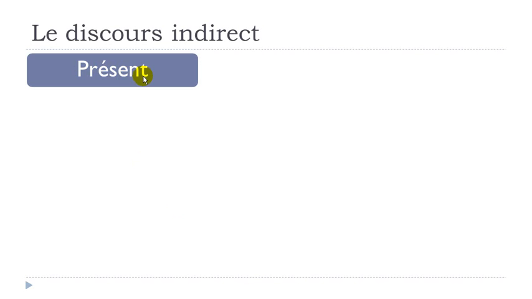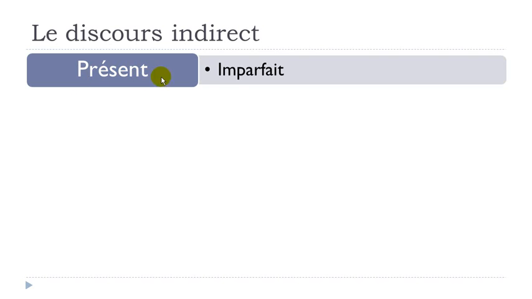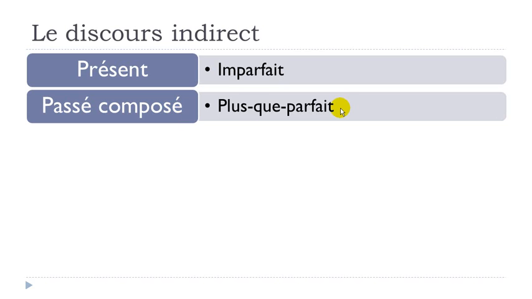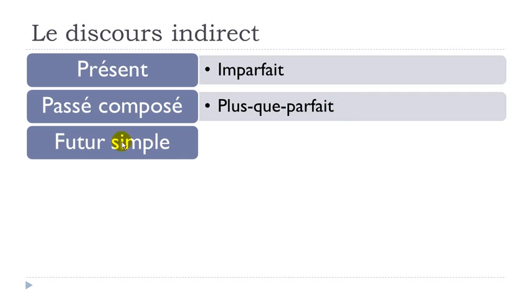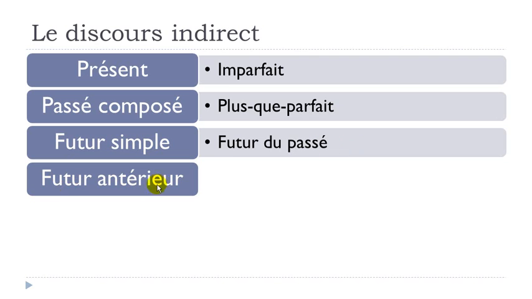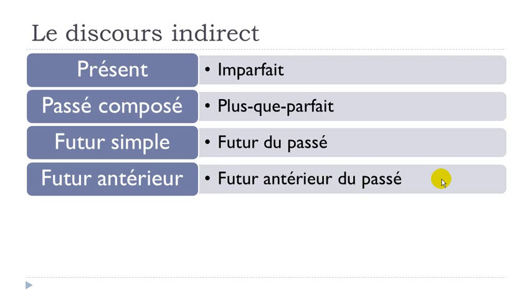So when you will modify this structure and you will put this discours indirect, so remember, présent, as we saw, will become imparfait, okay? Then if you've got passé composé, still in the second part of the structure, it will become plus que parfait, okay? If you've got the futur simple, as the second structure, it will become what we saw, futur du passé. If you've got futur antérieur, in the second part of this structure, it will become futur antérieur du passé.